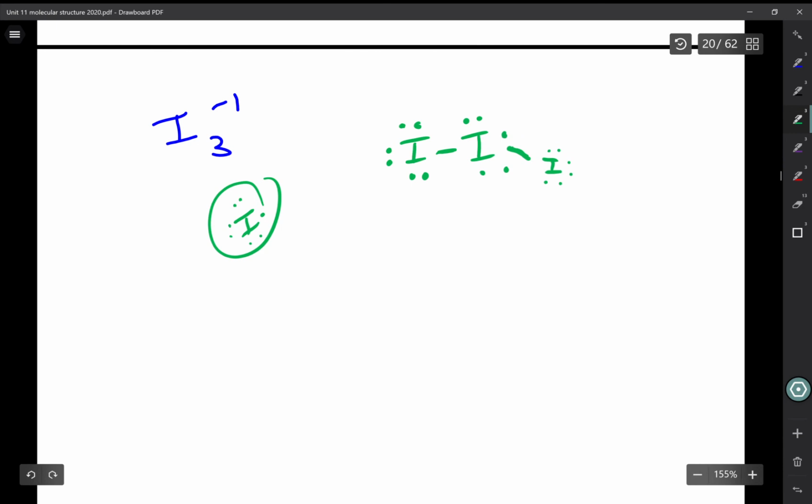But now this one doesn't have anything to bond with. That's where the -1 comes in. The -1 means it's gaining 1 more electron, so that's just going to pair up with that other one right there. And there's your I3 -1. Since it's an ion, we've got to put in brackets.